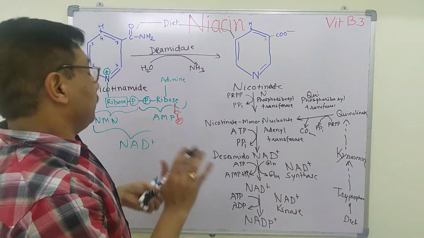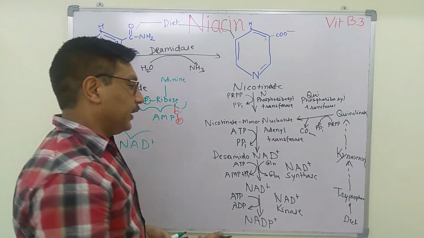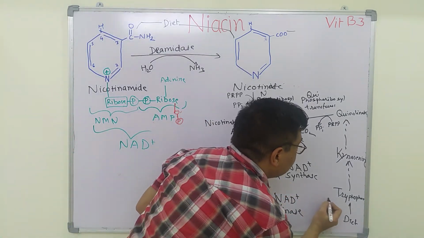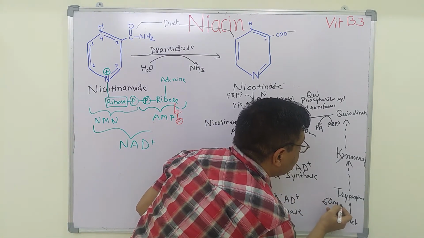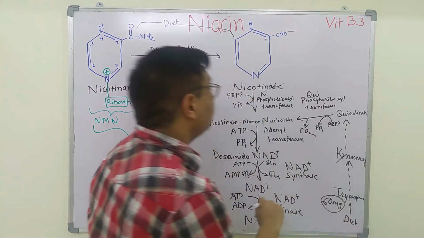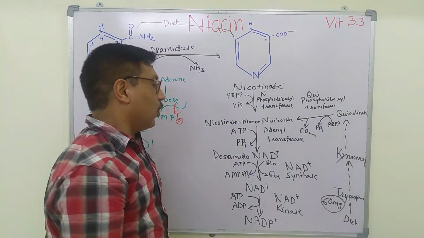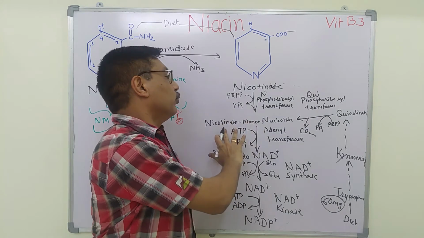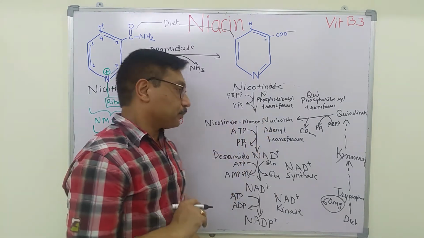So in this way, NAD and NADP are generated. 60 milligram of tryptophan can generate 1 milligram of niacin or 1 milligram of nicotinate mononucleotide.